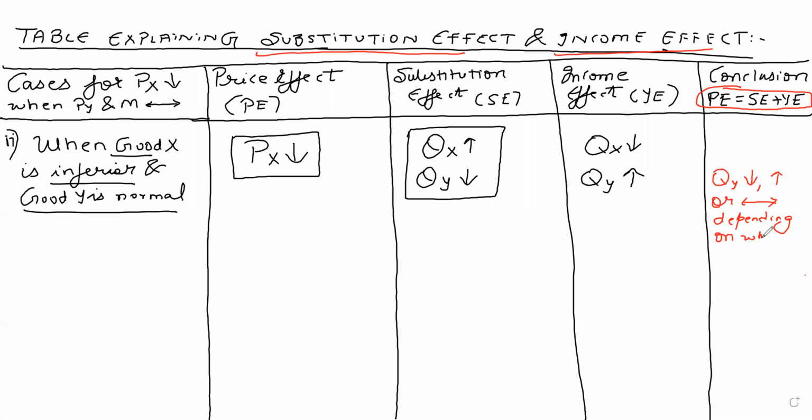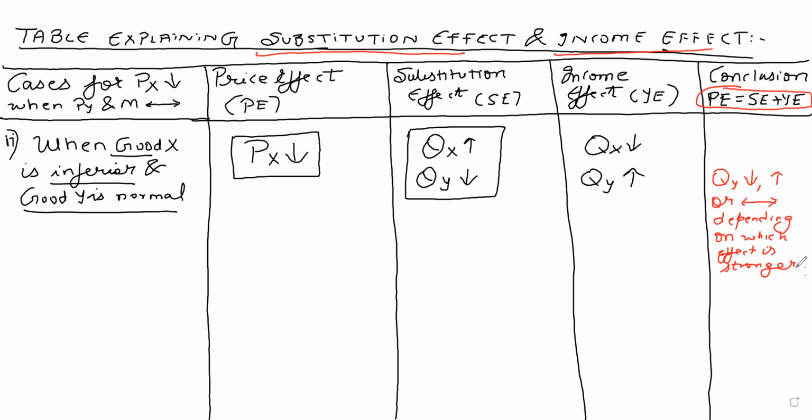Depending on which effect is stronger. So actually, when price of good X is changing, guys, we are not actually much concerned about good Y. We are more concerned about good X when price of good X is changing.